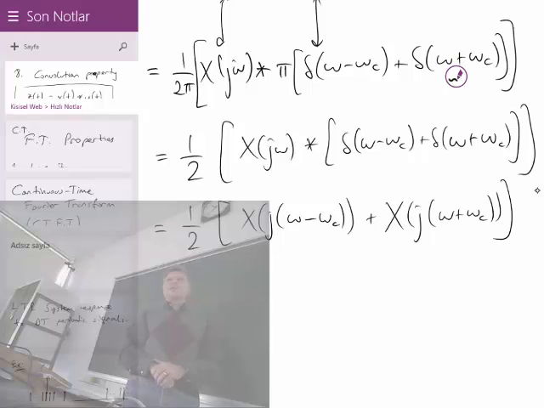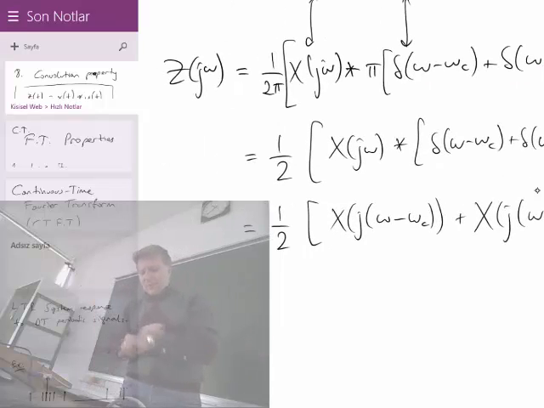By convolving with two impulses, I had two replicas of my X of j omega, one shifted to omega c, the other shifted to minus omega c. And that's the whole point. When you shift your baseband Fourier transform shape to omega c and to minus omega c, it's not baseband anymore. It must now be around omega c and minus omega c, which are very high frequency.